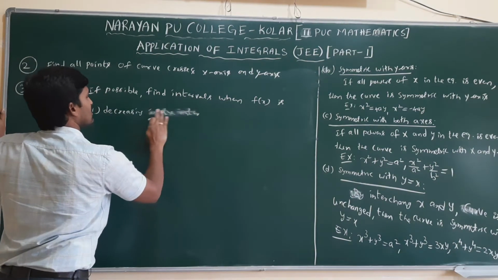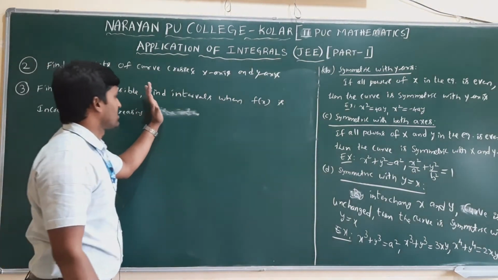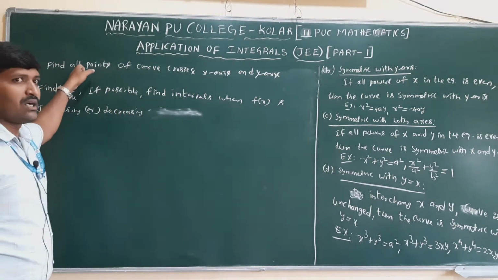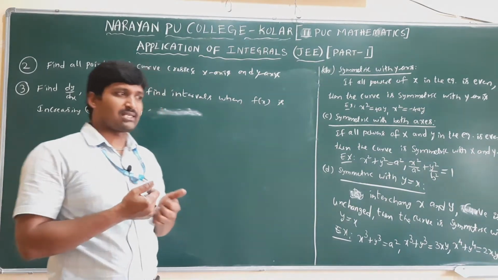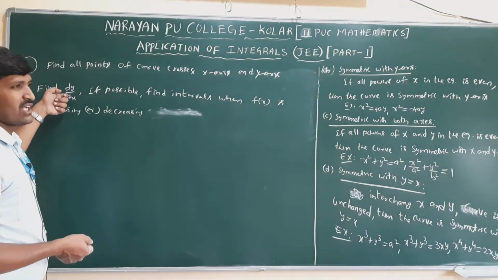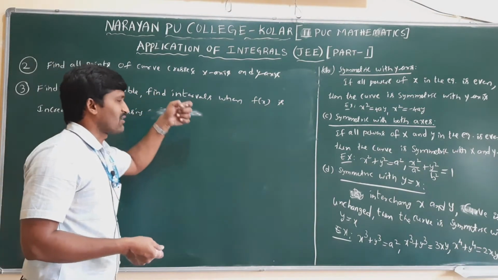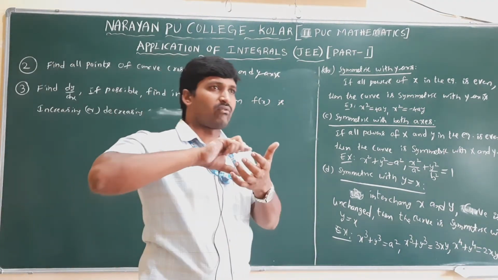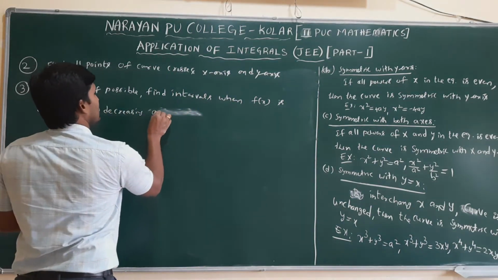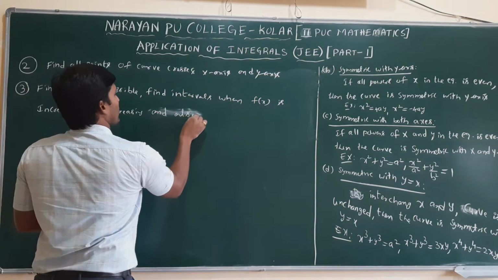The simple thing to remember here: after finding where the curve cuts the x and y axes, we need to find dy by dx. After finding dy by dx, try to find in which intervals the curve is increasing and in which it is decreasing, and also find the stationary points.